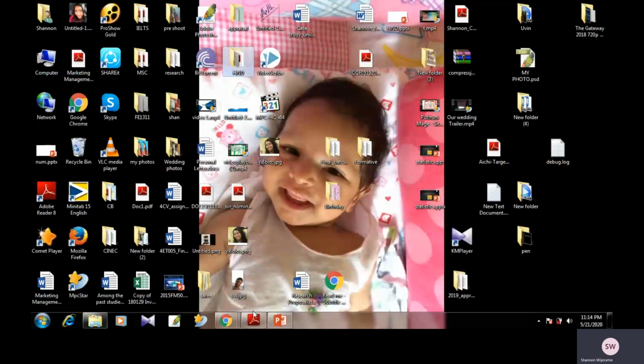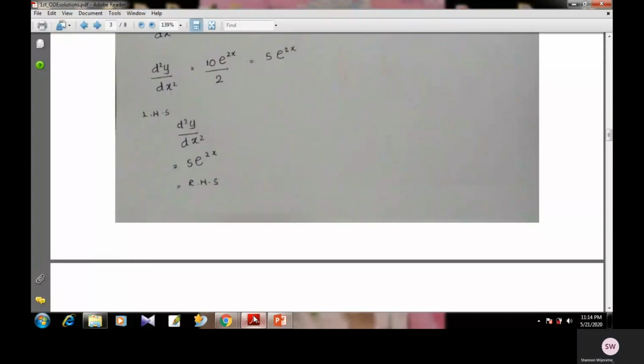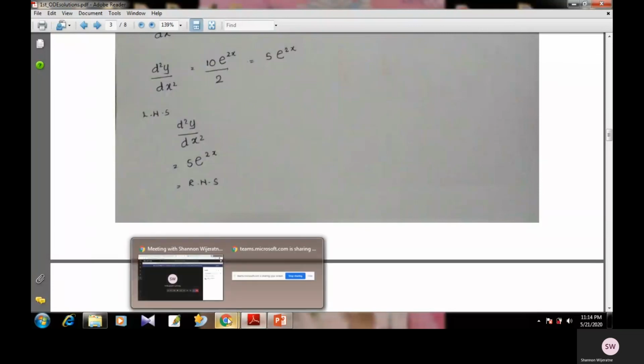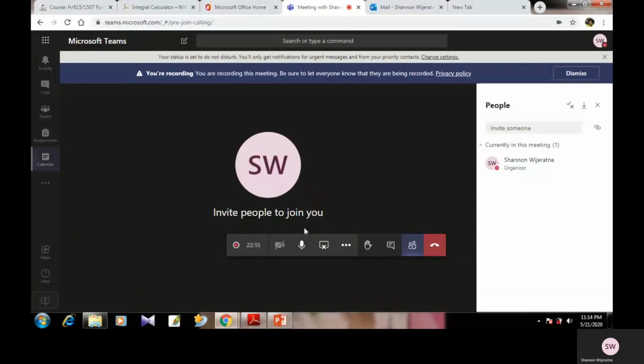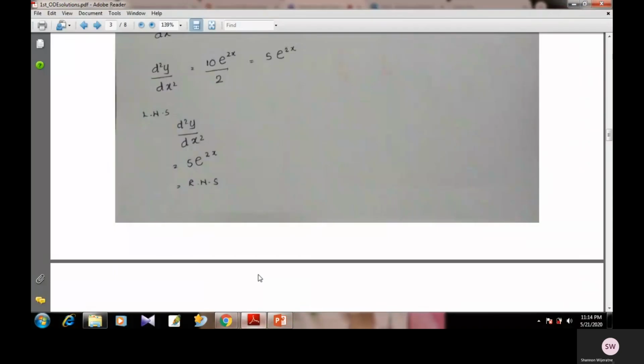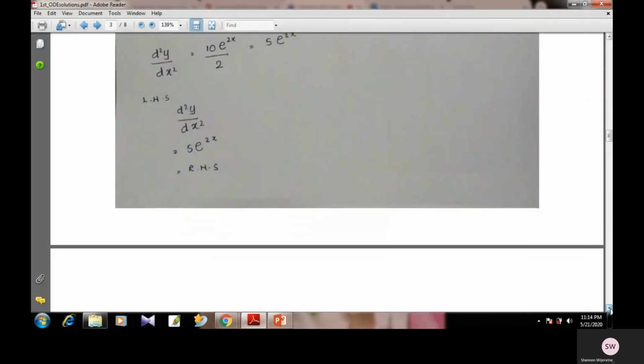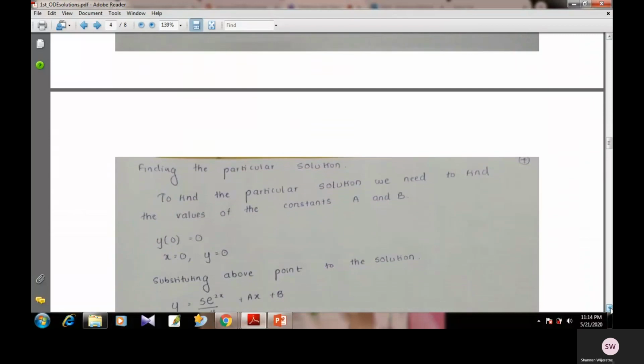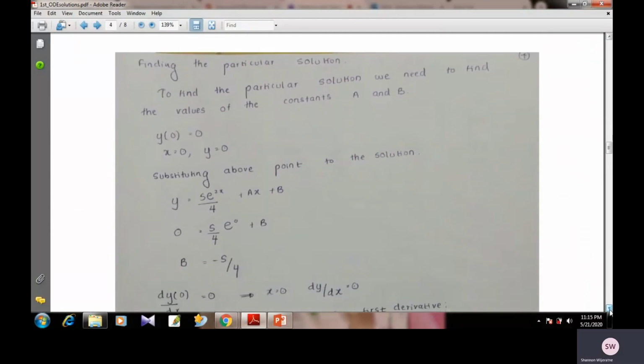Then we have to find the particular solution. That means we have to find the values of a and b. To find the particular solution, we will substitute these initial conditions.